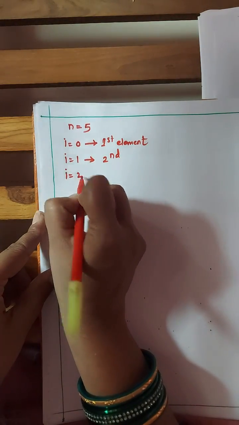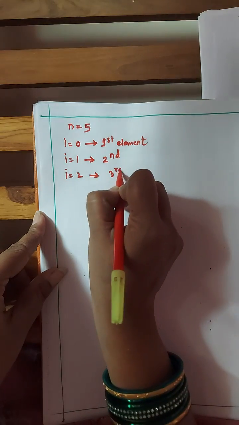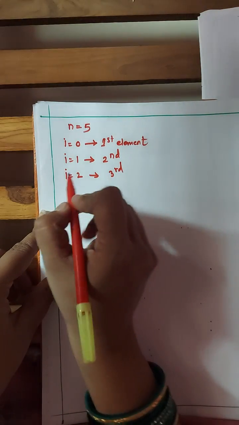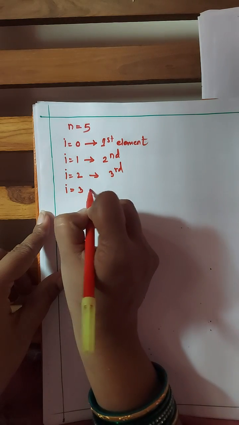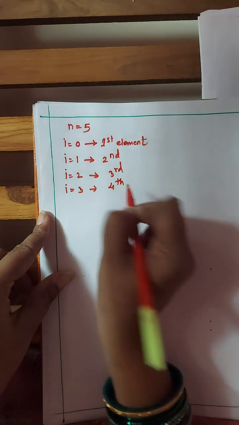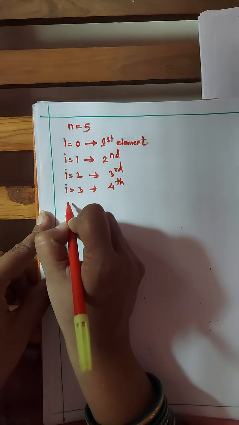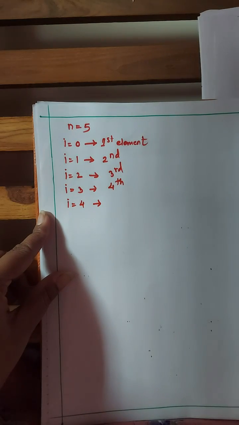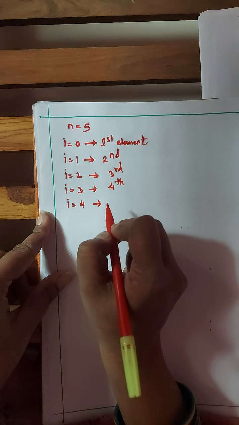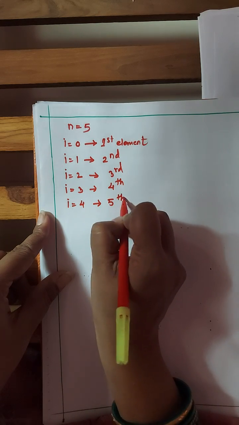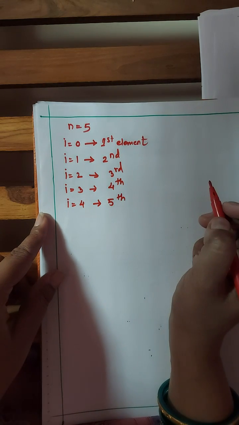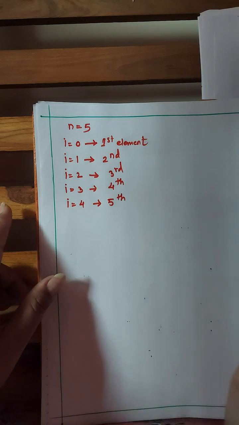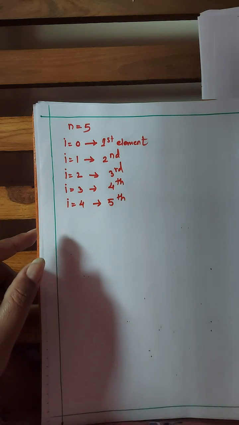I equals 2 is the third element, I equals 3 is the fourth element, and I equals 4 is the fifth element. In that way the elements are stored in positions in the array.